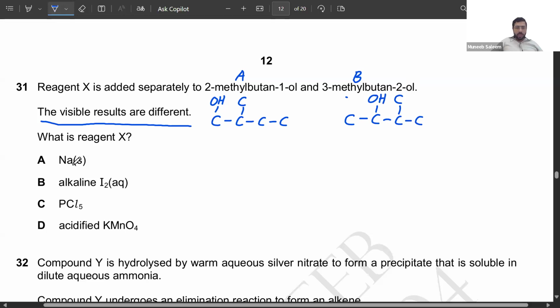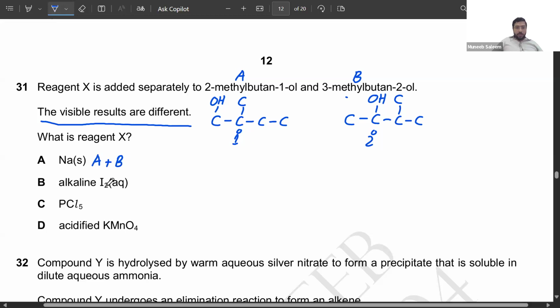Starting from Na, sodium. Sodium can react with alcohols, and both of these are alcohols. This one is a primary alcohol, and this one is a secondary alcohol. Sodium can react with both, so A and B both can react. There is no different result in this case.